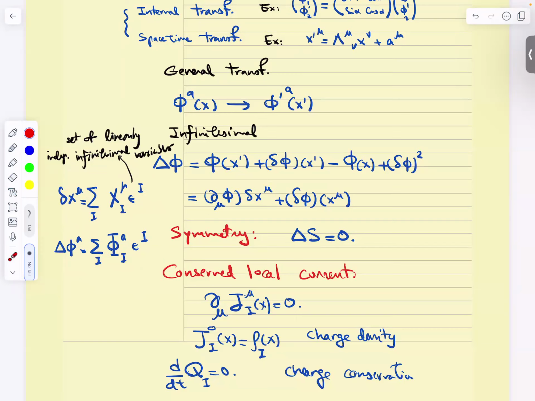For example, if you have a translation, what is the analog of what I'm doing? An infinitesimal translation sends x mu to x mu plus epsilon mu, right?